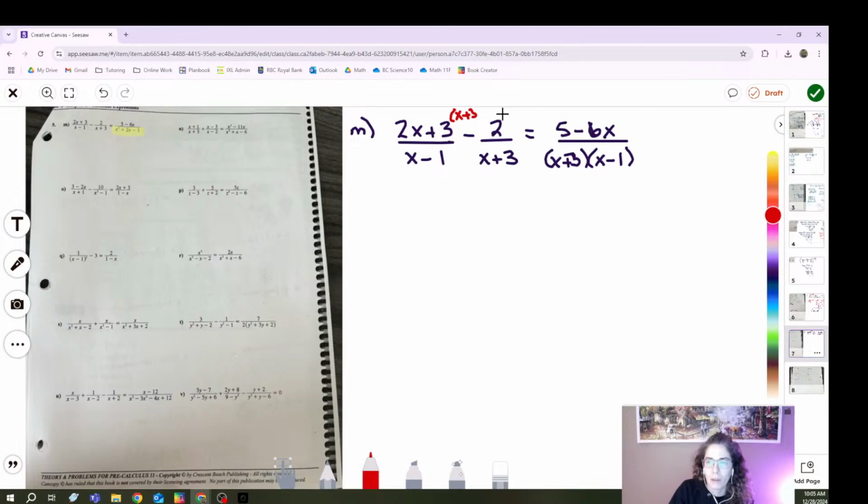Okay, how do I multiply 2x plus 3 to an x plus 3? What do we call that? Yes, FOIL it. Okay, so FOIL this. What do we got?